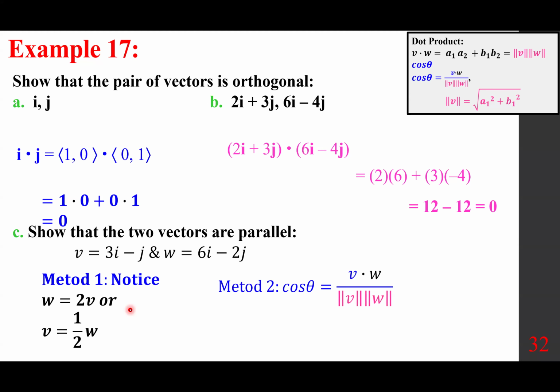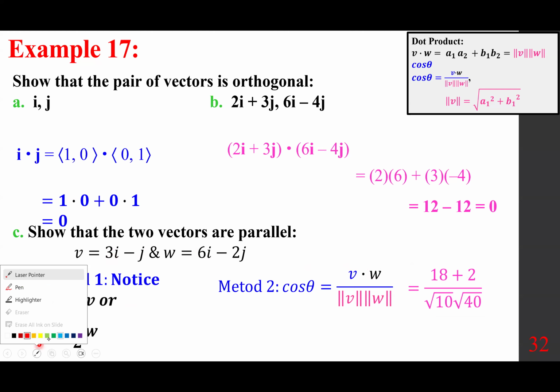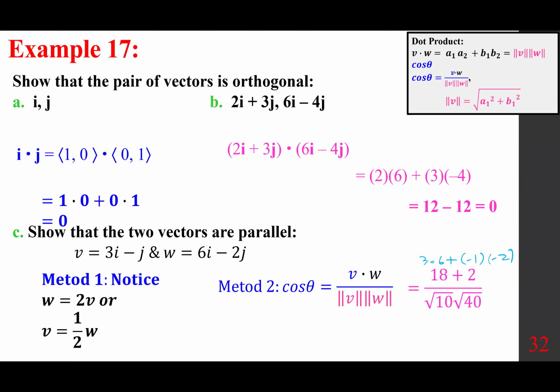So as you can see, the dot product, 3 times 6 is 18, minus 1 times minus 2 is plus 2. I hope everybody can see how we got that 3 times 6. And let me just write at top. So this is 3 times 6, plus the other one is minus 1 times minus 2.